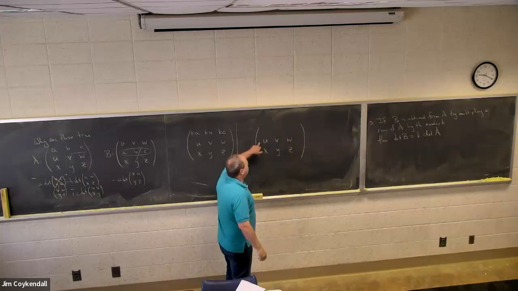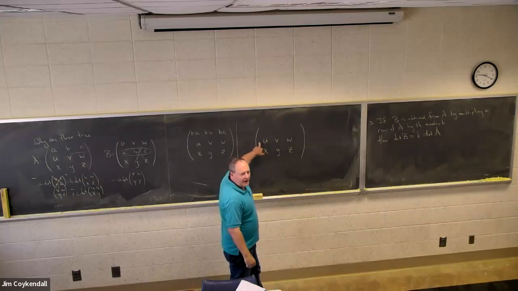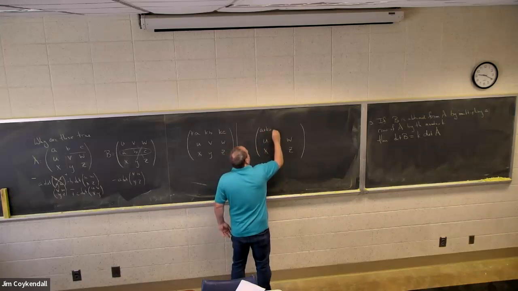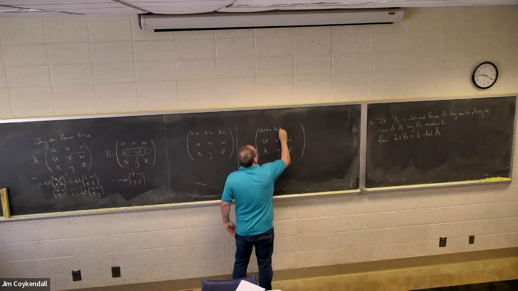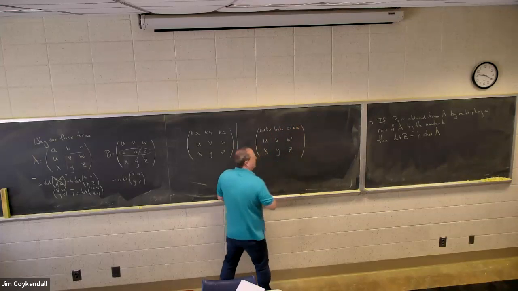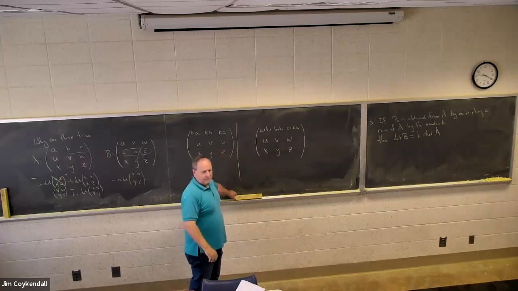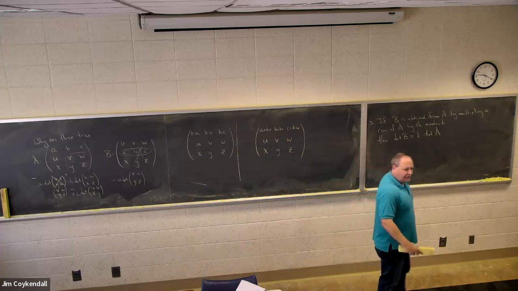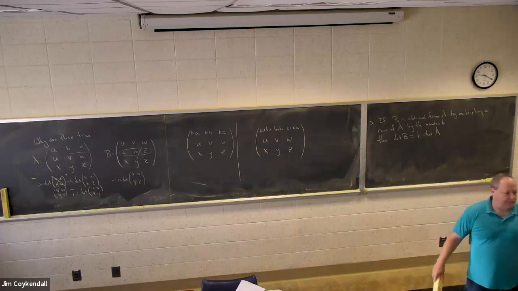Now let's take K times this and add it to the top row. Why does that have the same determinant as the original?